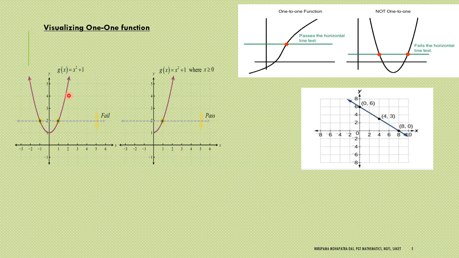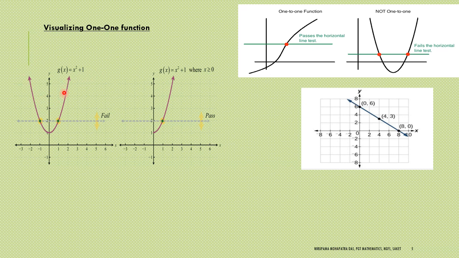But if you consider this parabolic, you can say quadratic curve, here we have taken g(x) equal to x square plus 1. A simple example: if x equal to 1, g(1) equals 1 plus 1, which is 2. If I write g(-1), then you get (-1) square plus 1, that is also 2.